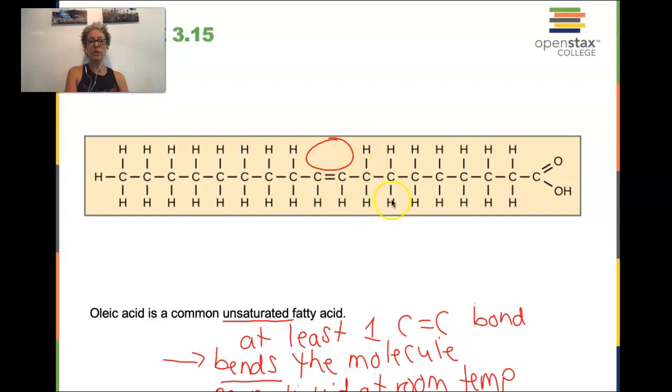The others are saturated with hydrogens. So this would be a monounsaturated fat. 1 double bond, we've done 1 unsaturation. If we had a polyunsaturated fat, we would have 2 or more double bonds, meaning many unsaturations.